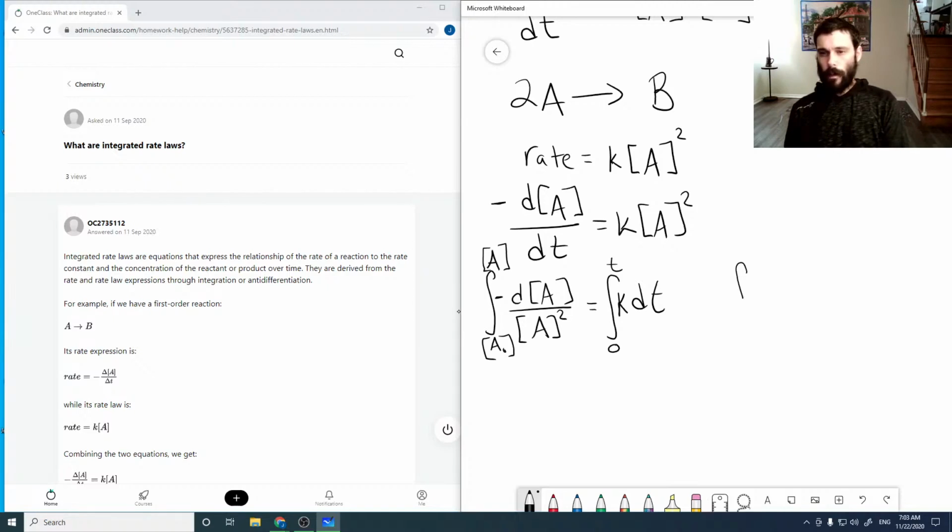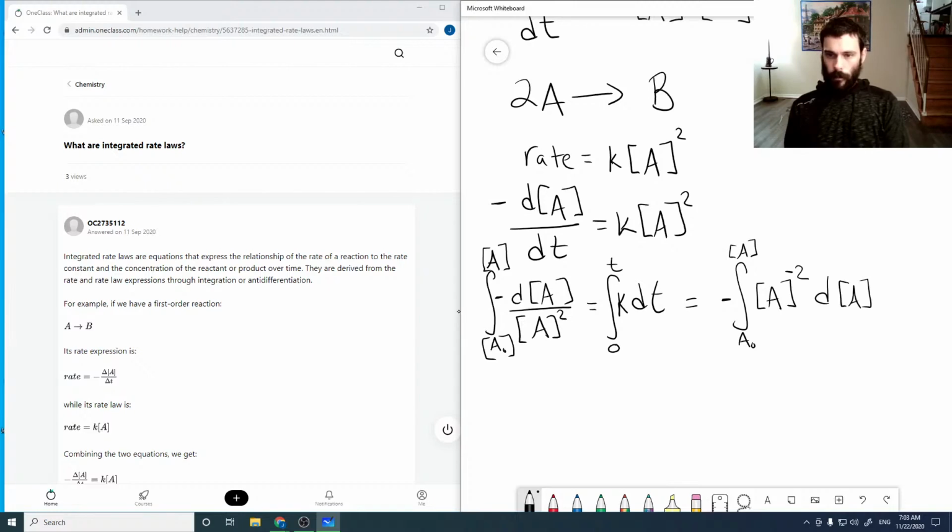I'm going to rearrange it as minus A to the minus 2. So recall that if it's in the denominator, then it's a negative power. Okay, and so I've just rearranged this side, but I'm going to leave that alone.